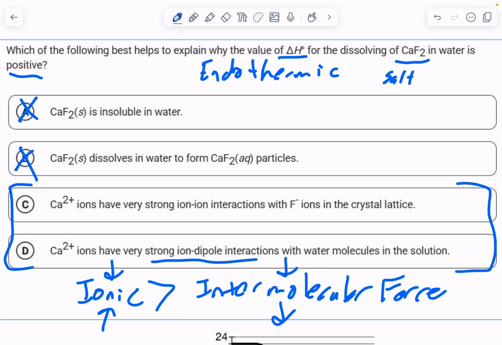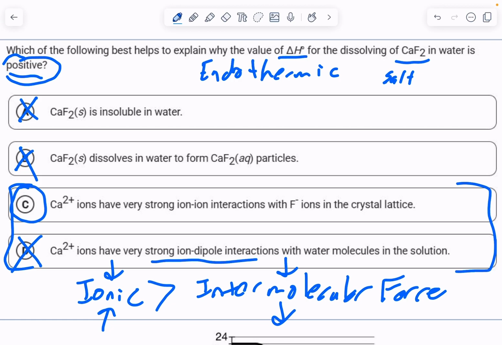For delta H to be positive, the ionic bond must be stronger. These ions have such a strong interaction that it takes more energy to break those bonds than the strong ion-dipole interaction releases. So D is incorrect, because if that was true, delta H would be negative.